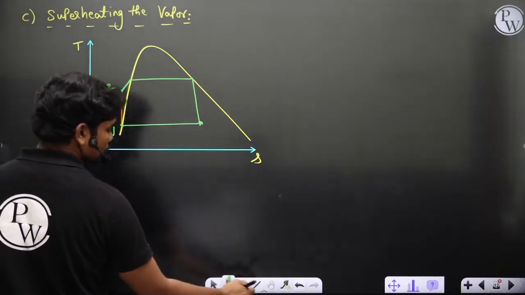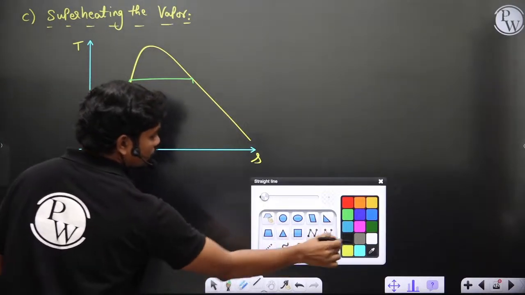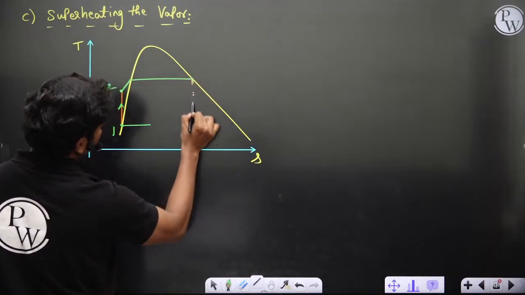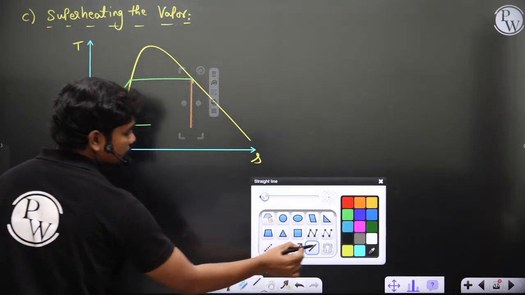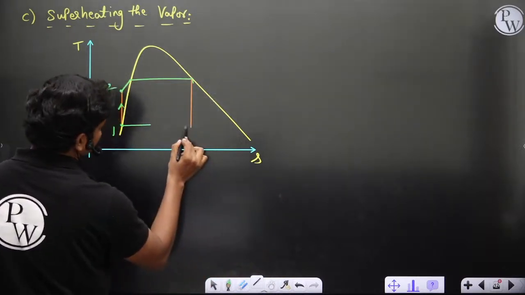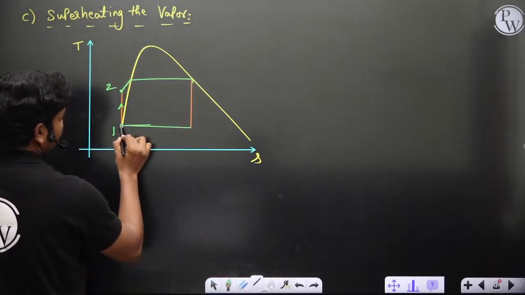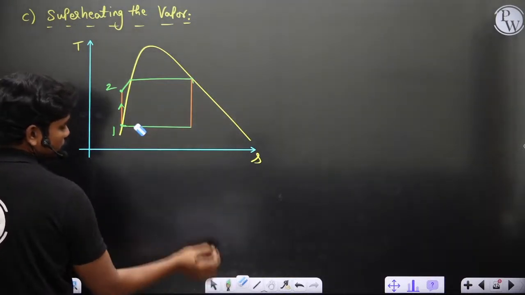I think I'm drawing very poorly. Okay, fine. This is again a line, so I have to extend it. So this is 4 to 1 actually here.